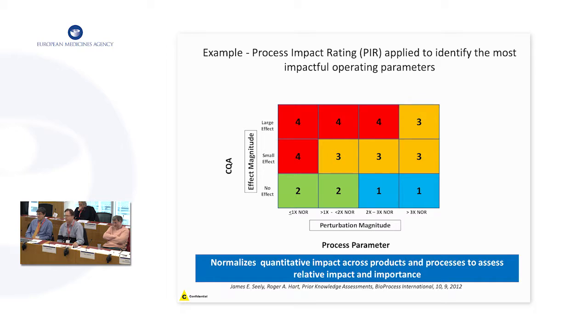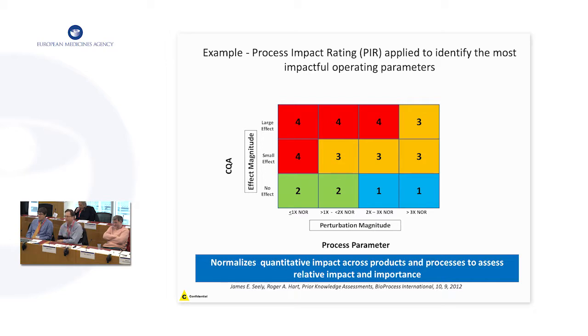So here's just one example. We have different examples. This one was actually published 5 years ago, an example where we can take quantitative data and get qualitative risk assessment impact out of it. So basically, this is just a scoring approach where we look at perturbation magnitude of the process parameter, how far outside of normal operating range, relative to the effect on CQAs, no effect to large effect.